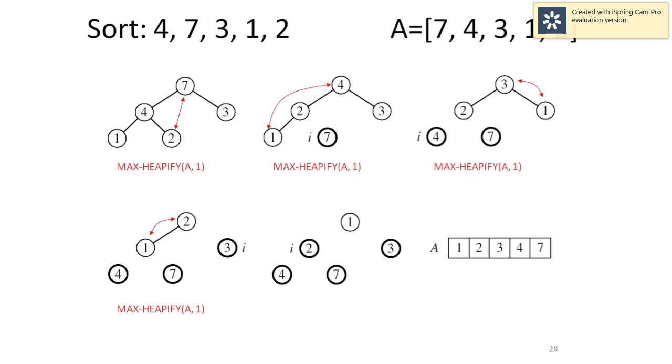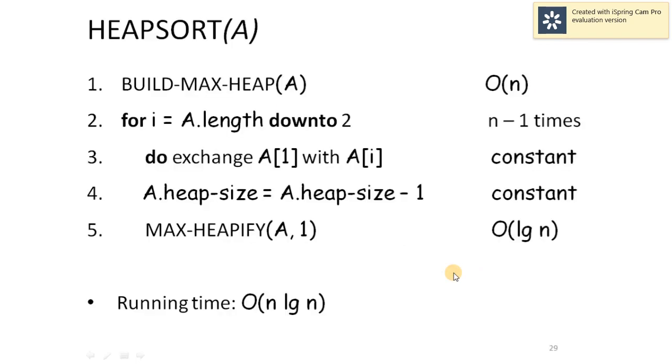So we started with 4, 7, 3, 1, 2, and after building the max heap and repeating certain steps, that is exchange the root element with the last element of the heap, reduce the heap size by 1, call MaxHeapify at the root, we keep on repeating these steps till the heap size is reduced to 1. We will get the sorted contents. In this particular case, it comes out to be 1, 2, 3, 4 and 7.